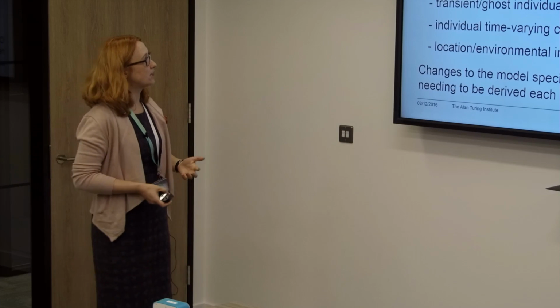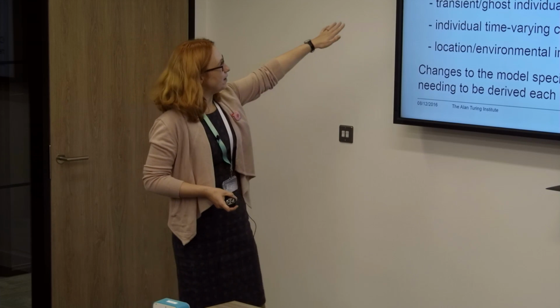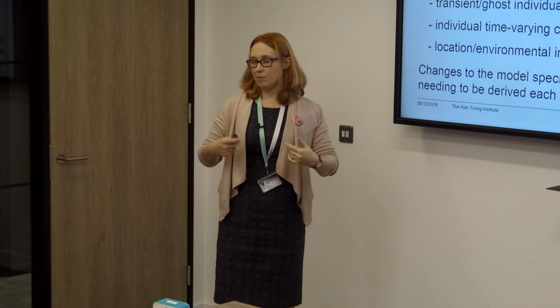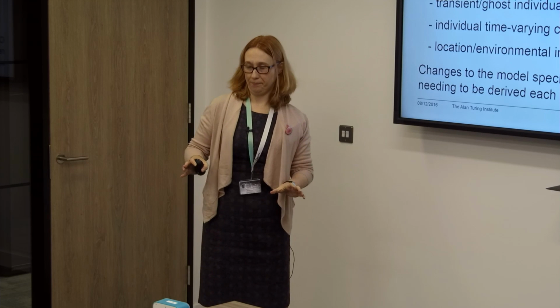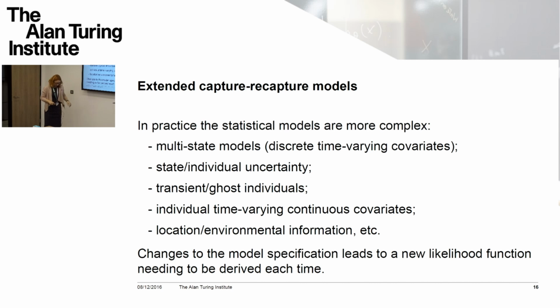If you have states, there might be some uncertainty: if you see an animal, it's probably breeding, but you're not sure. You can have transient animals, sometimes called ghost animals. At a site, they might be migrating birds that are only there for one time period, so you can't see them again, and they're not really part of the system you're interested in.